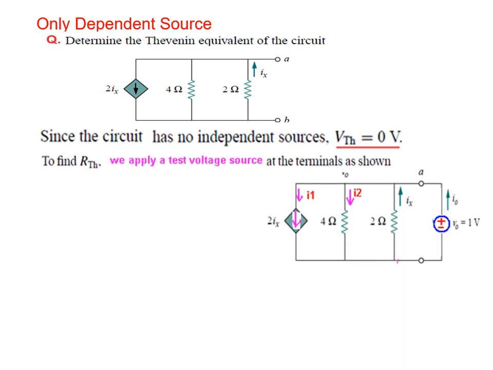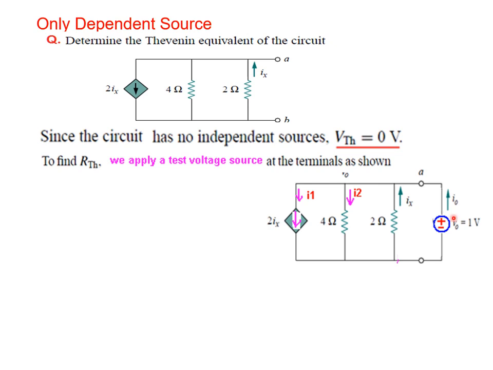Now to find RThevenin, in this case I am applying a 1 volt test source. So we connect at this point a 1 volt test source, and then our aim is to find I naught. The best way is to solve by nodal analysis.